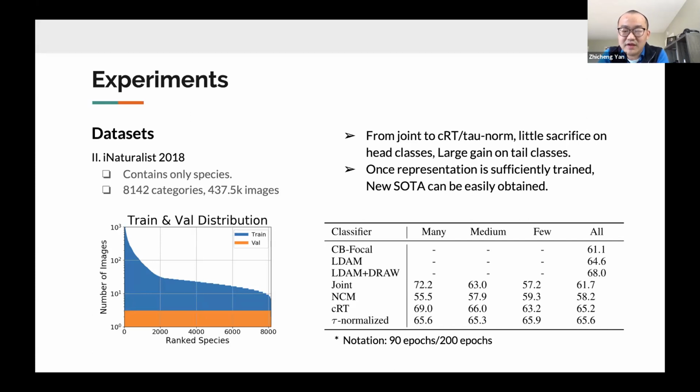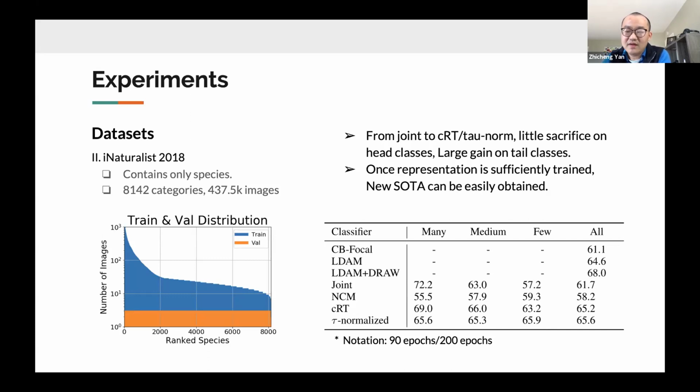LDAM is also manipulating the loss, basically assigning larger weights to the tail classes and smaller weights to the head classes during the optimization. We find our method, although very simple, is actually achieving much better performance on the overall accuracy.